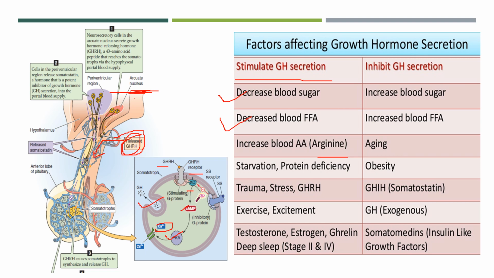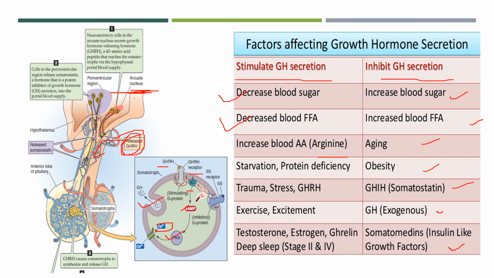Inhibitory factors: if the person is in a fed state, that is blood sugar level is high, blood free fatty acid is high, obesity, then aging, then exogenous growth hormone, somatostatin, somatomedins, they give a negative action and inhibit the secretion of growth hormone.